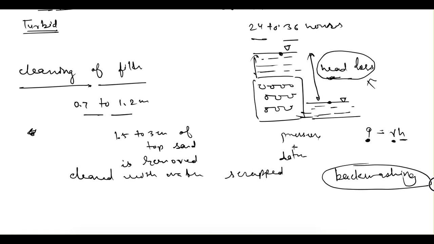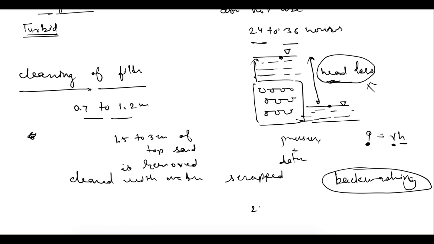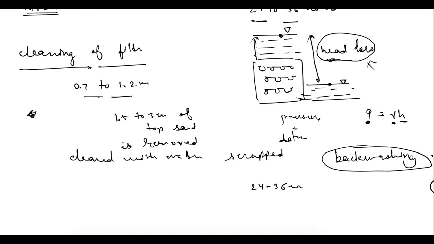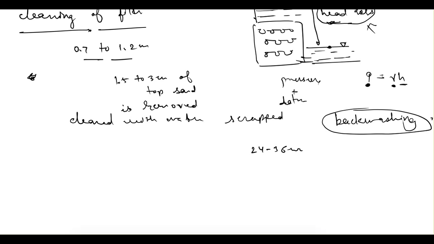Then again, after the cleaning, we will not use the effluent for up to 24 to 36 hours until that layer is formed, and only after that we will use the effluent from this slow sand filter. So what is the reason why slow sand filters are not used nowadays? The reason is the rate of filtration.